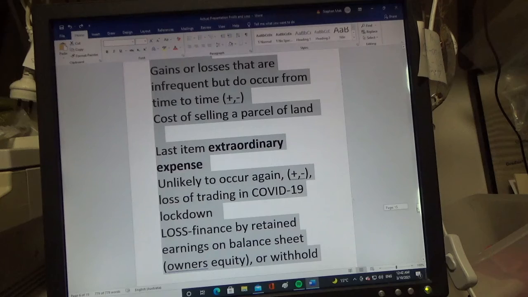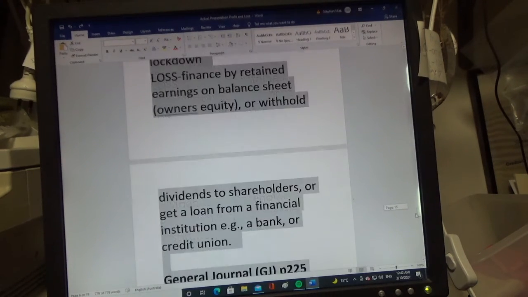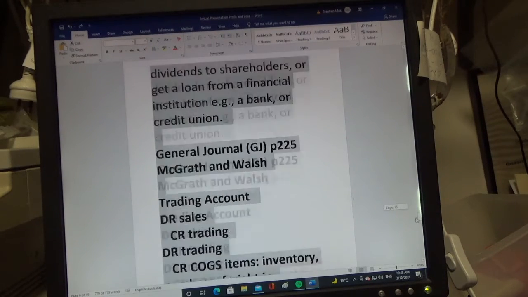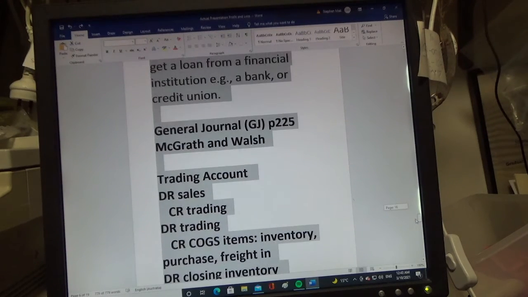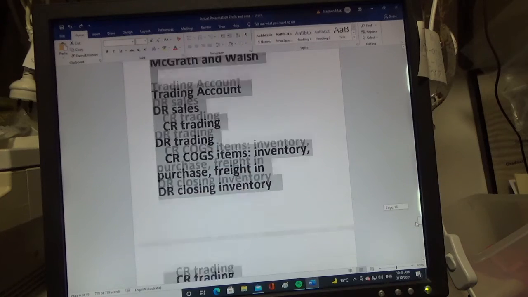Look up an example of a corporation statement of financial performance such as NRMA, Qantas, Telstra, and look at the pro forma, the template that the statement of financial performance is written up in.